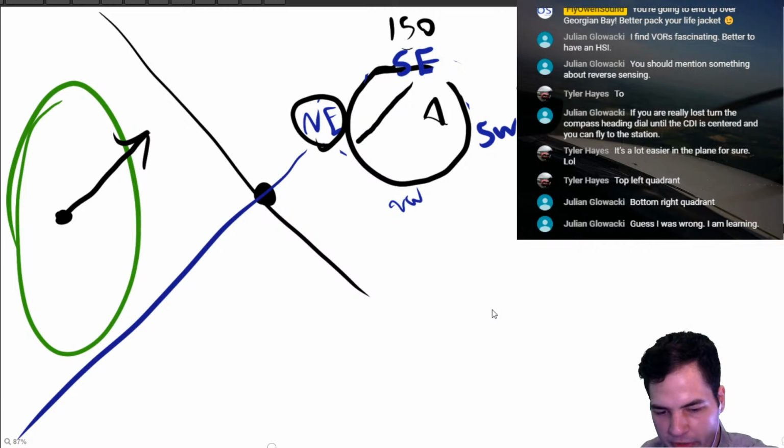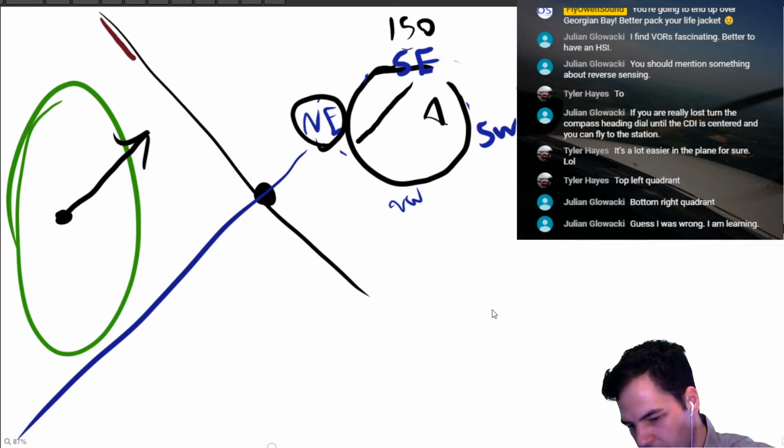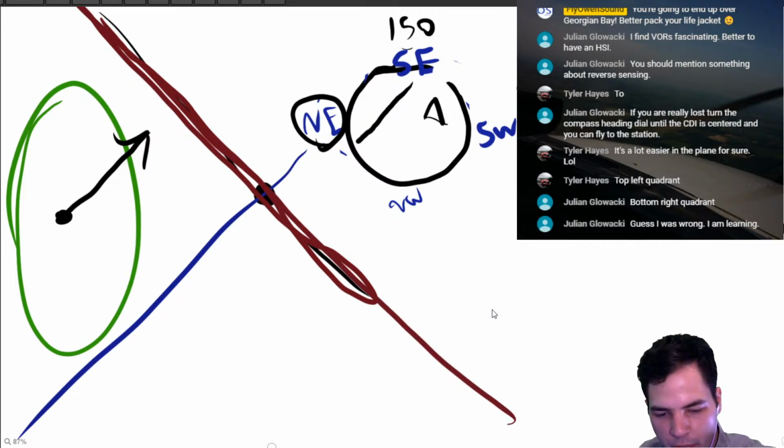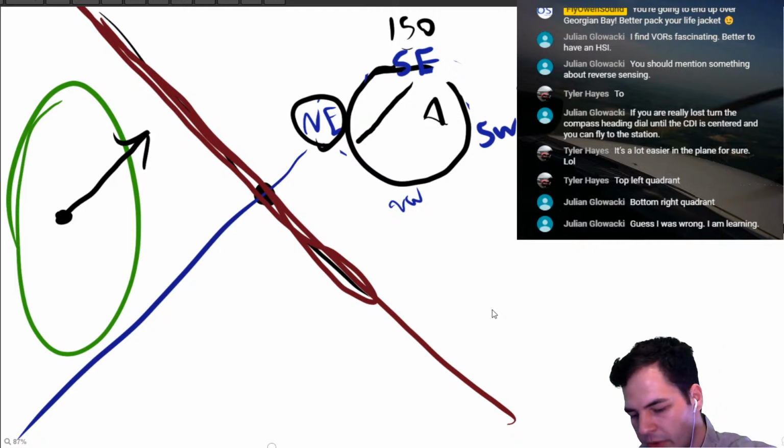I'm going to make the radial red because I had it like that before. Confusing. Yeah, so there's my red radial there. But playing around in the app, I'm still not sure that I was necessarily in this quadrant. I just got the feel maybe we're in this quadrant, but I couldn't rule out that maybe we're not right here or something like that.